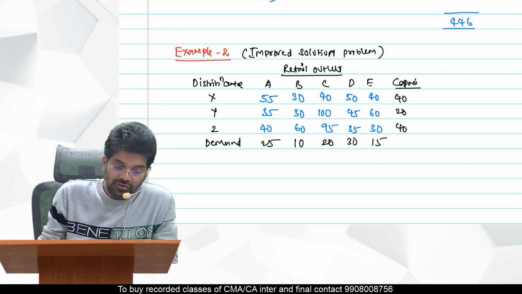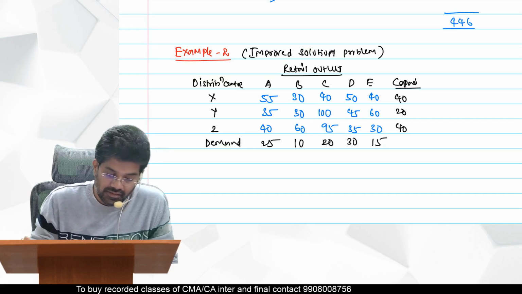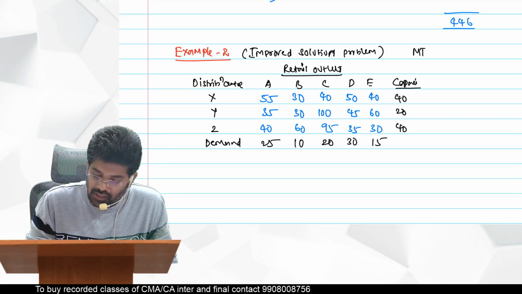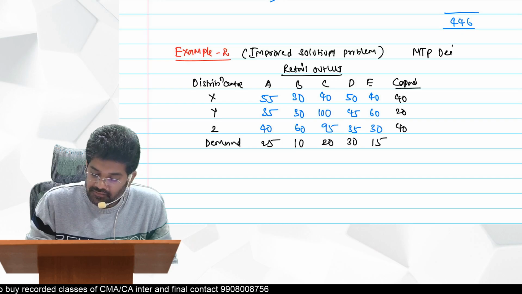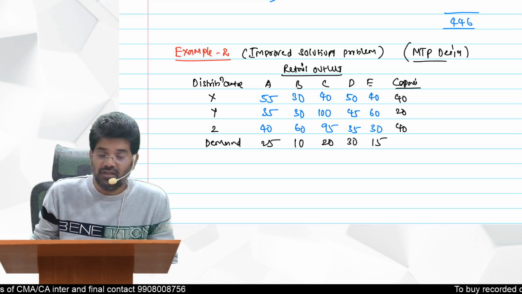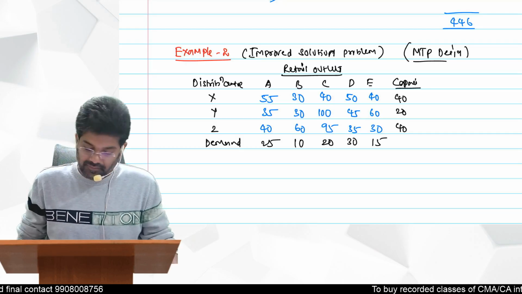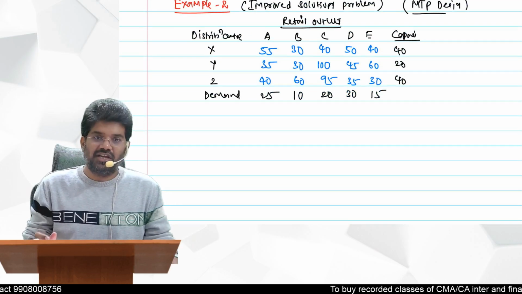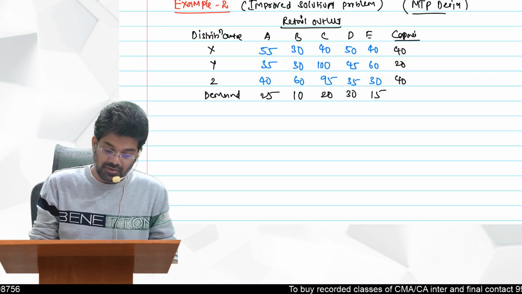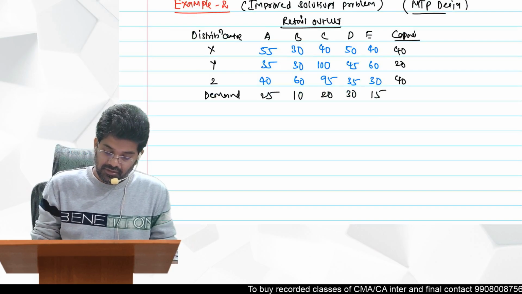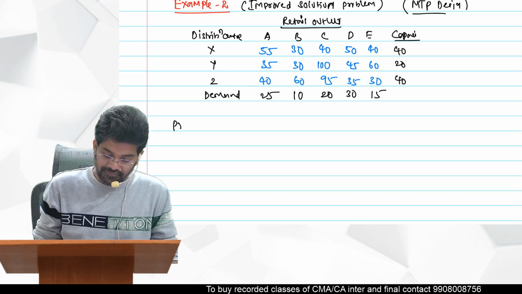Okay, so this is a question from the mock test paper December 19. Now first, what is the first condition whenever you are doing this transportation problem? Preliminary check. What is the preliminary check?